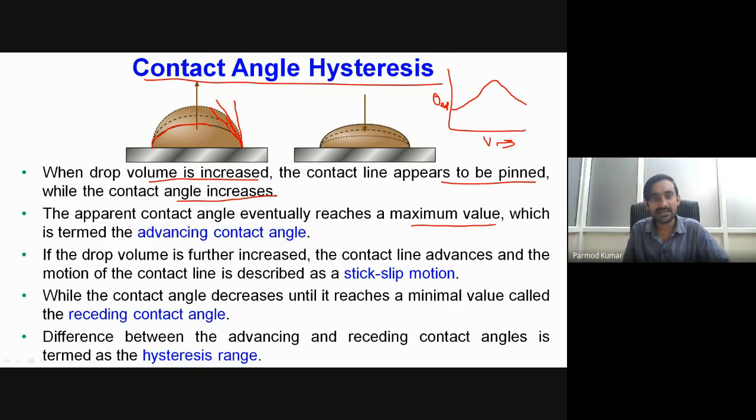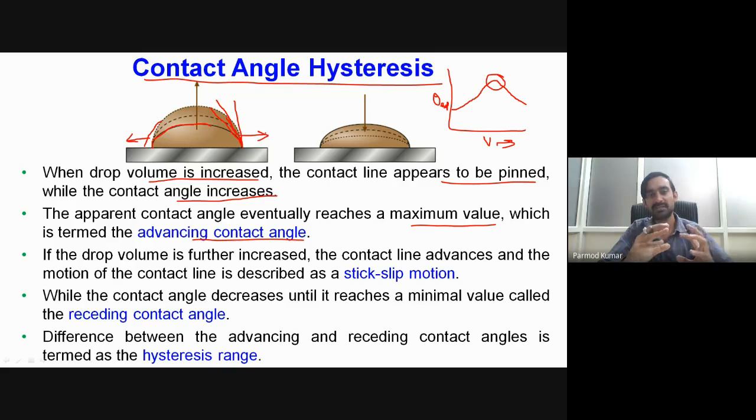Particularly this maximum value of the contact angle is termed as the advancing contact angle. Why do we call it the advancing contact angle? Because after achieving this maximum value, our droplet will be advancing in the outer direction. Its contact line will be moving in the radial outward direction.